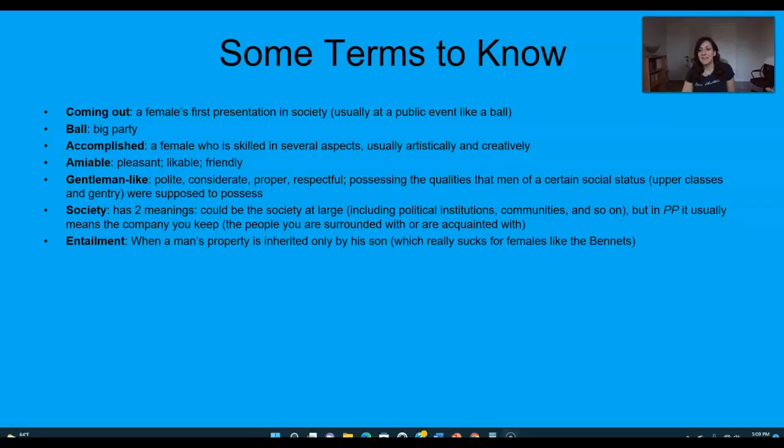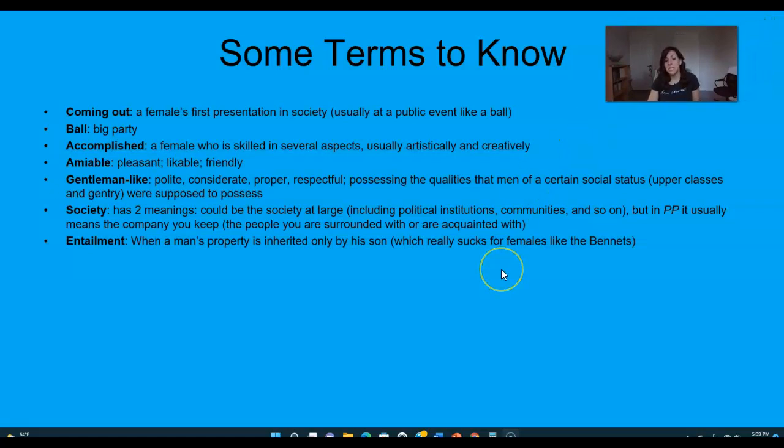Now, last thing I do want to really quickly mention is that I put together a little glossary for you guys. I know that reading Jane Austen is not the easiest thing in the world. She's got this very conventional style of writing. I understand that. So as part of my introduction, I did want to create a list of words that I think you might need to know the definition of. These are words that are mentioned just from volume 1.